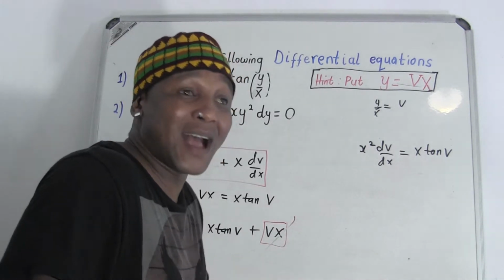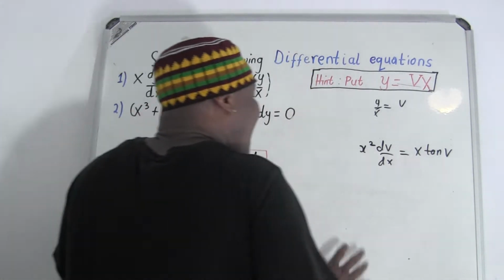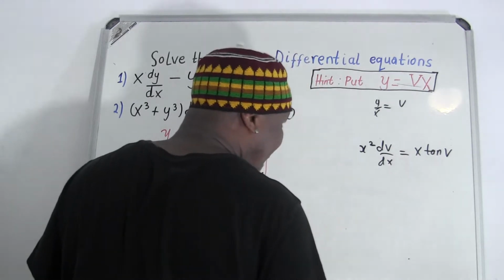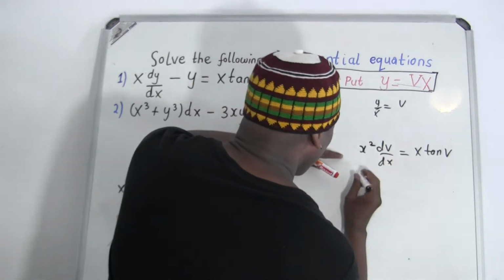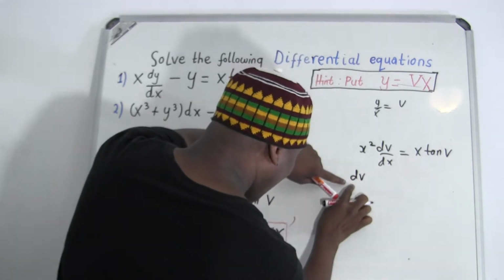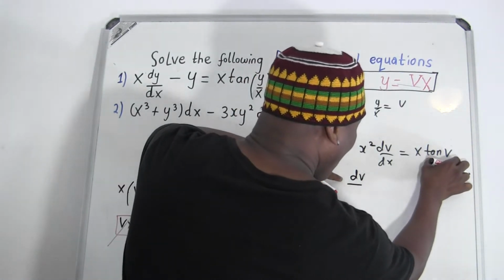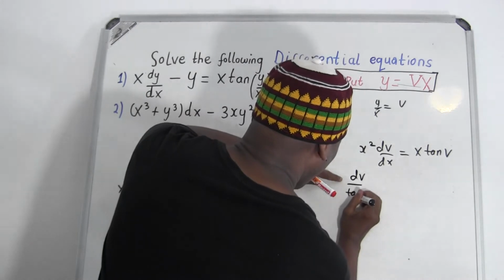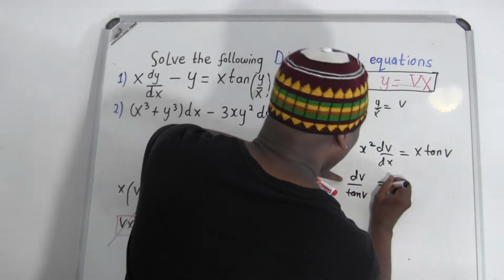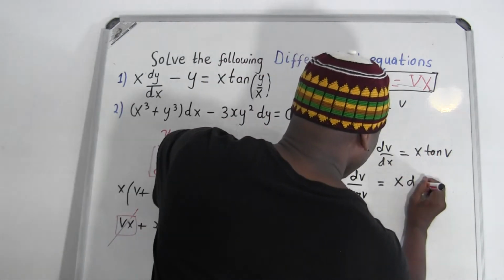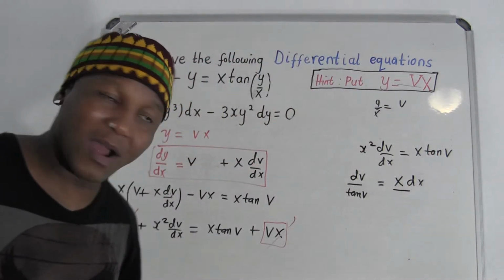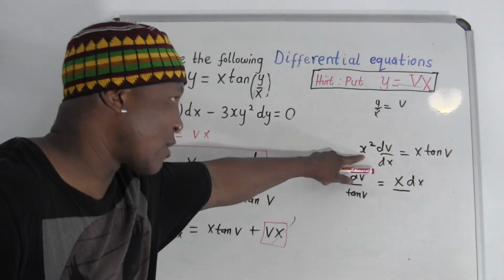So what we're going to do right here is separate the variables. We're almost done. x must be x and y must be y. So let me take everything to that side. I'm going to leave only v on this side. Dividing by tan v, it's going to be dv over tan v equal to x times dx, and then over x squared, because I'll get rid of the x squared.